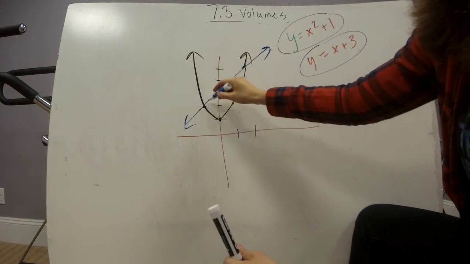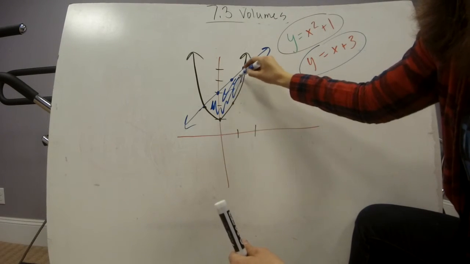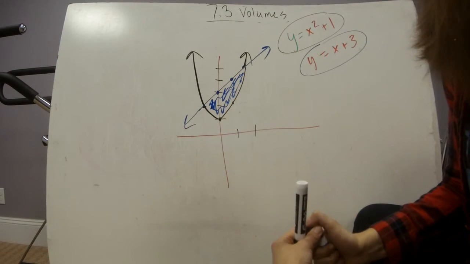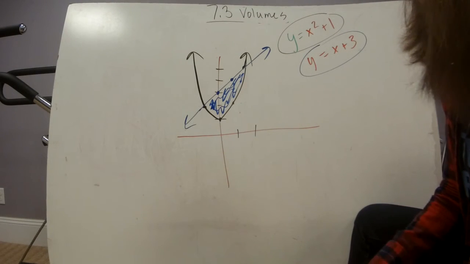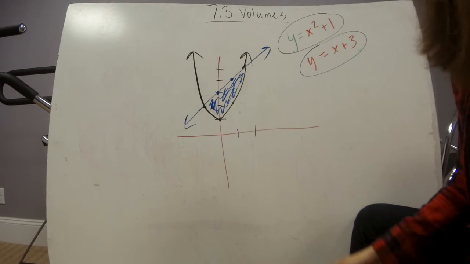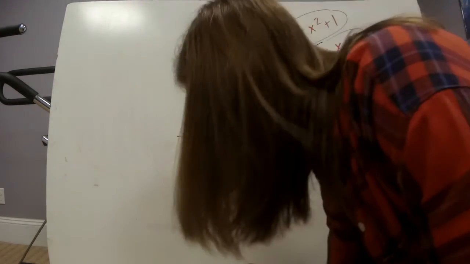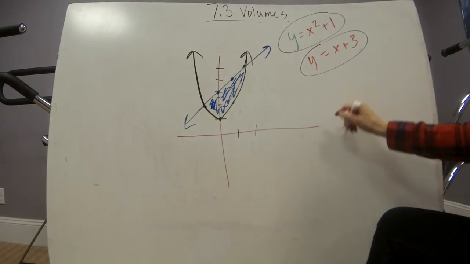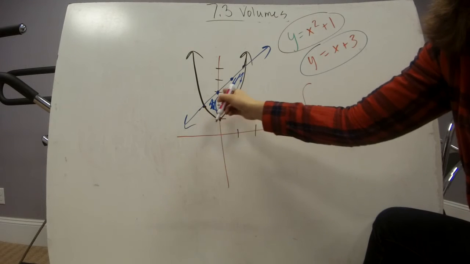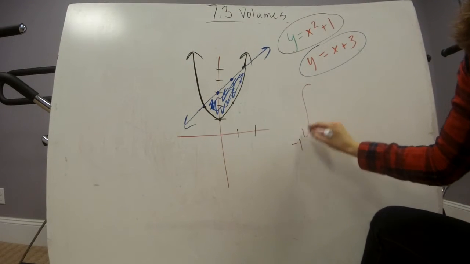And they're saying revolve this shape around the x-axis. So that is what's going to be super bizarre. Alright, because at least right now we do know something, right? We do know that the bounds are going to be from wherever they met. So that's 1, and then that's 2. So that's -1 to 2.